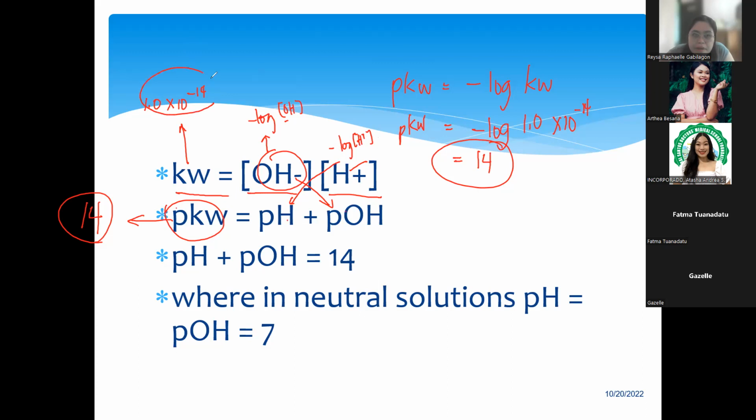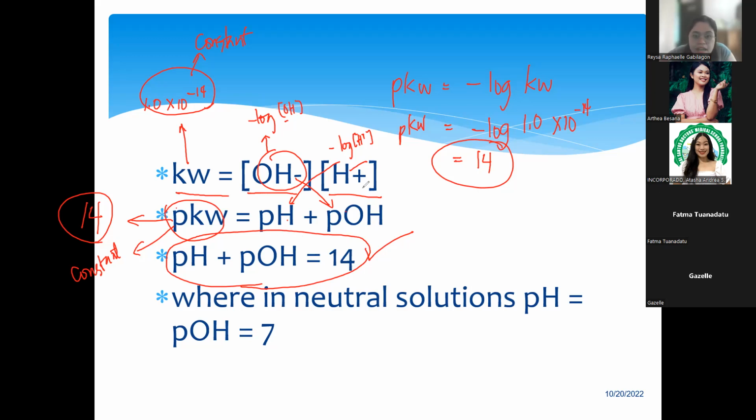Kaya lang remember, this is constant. So definitely, constant din itong pKw. Kaya we will have a constant equation also. This one, pH plus pOH will always be 14. So again, this will be our final formula, class: pH plus pOH equals 14.